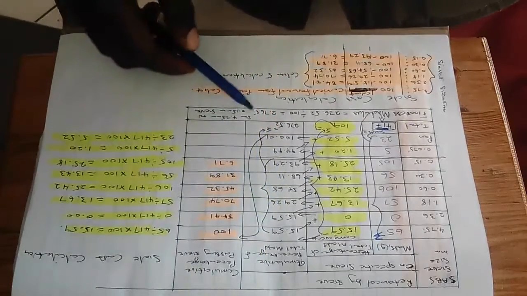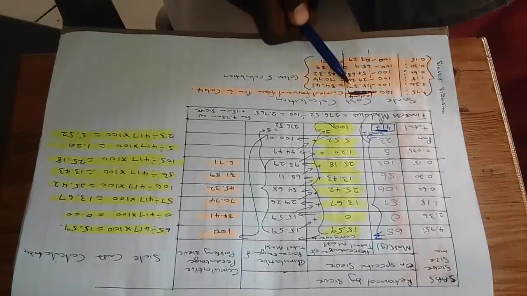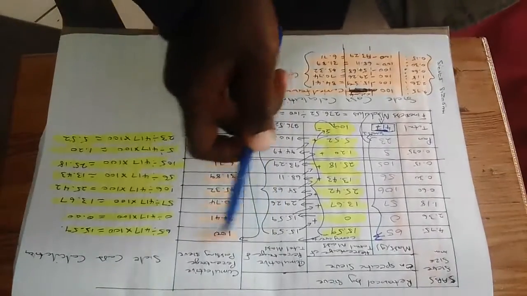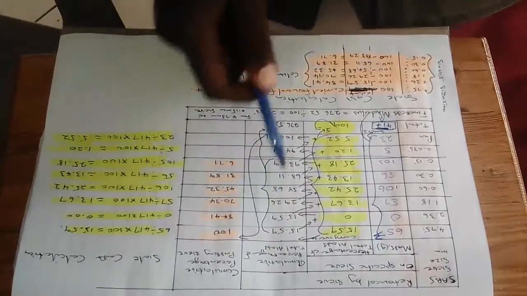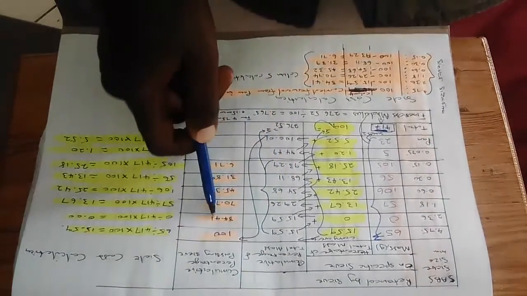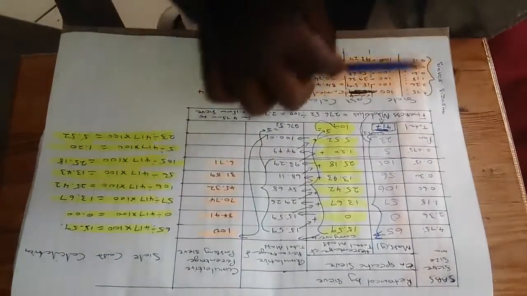So this is column 5. Okay, so we're going to say 100 minus 15.59. Remember here, this one is carried over, so you don't need to calculate this one. So it's the next one. It's 100 minus 15.59. That gives you what? 84.41. I've also done a side calculation for that below here.